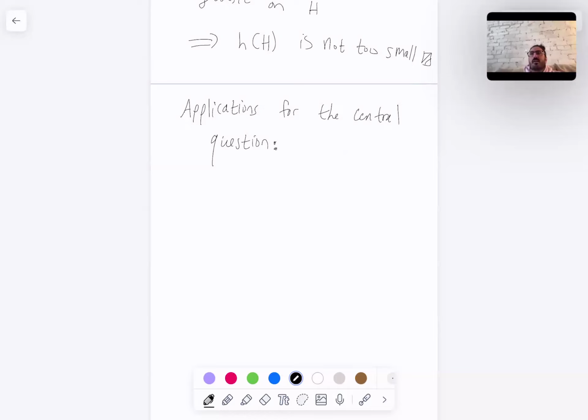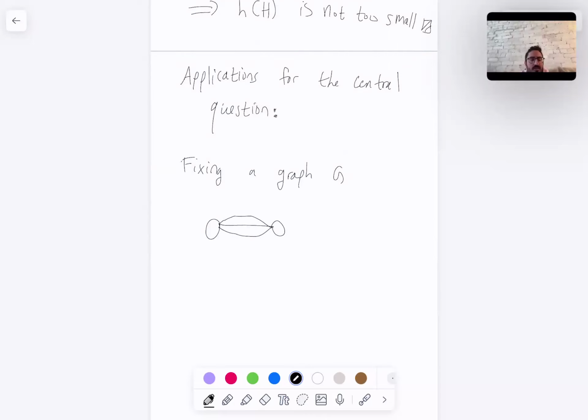But I'm just going to say that one can very naively define a moduli space of metrics on a graph without any technology. So here's what one does. Fixing a graph G, here's our graph. Who knows what it looks like? No metric yet.